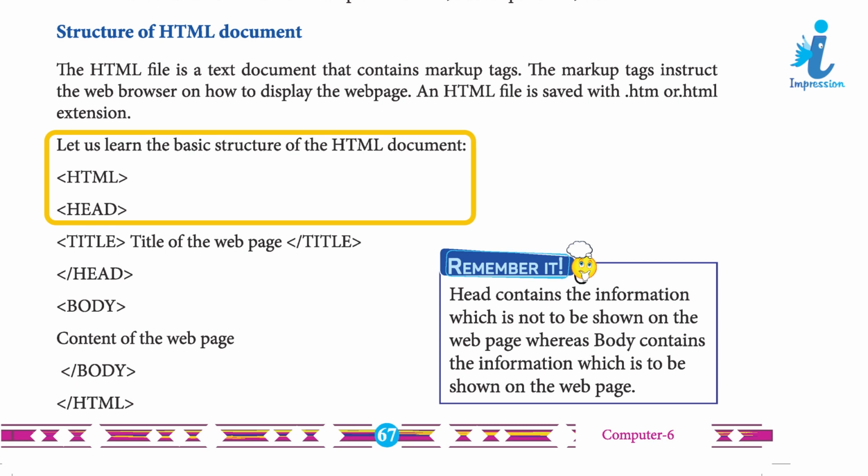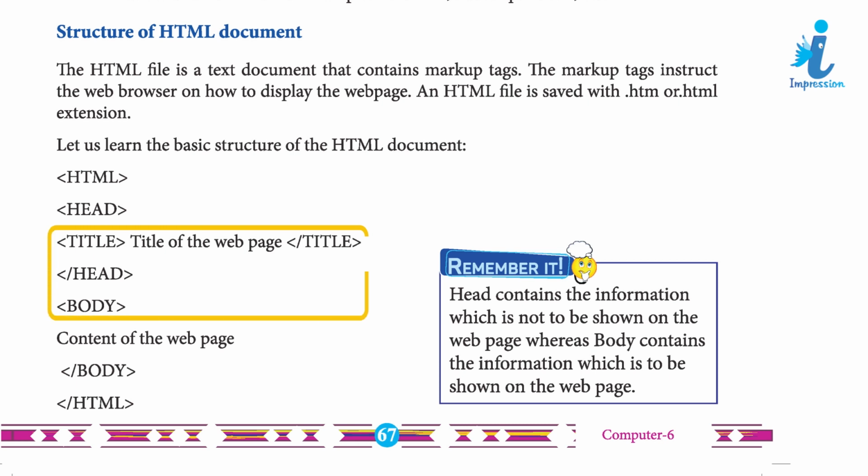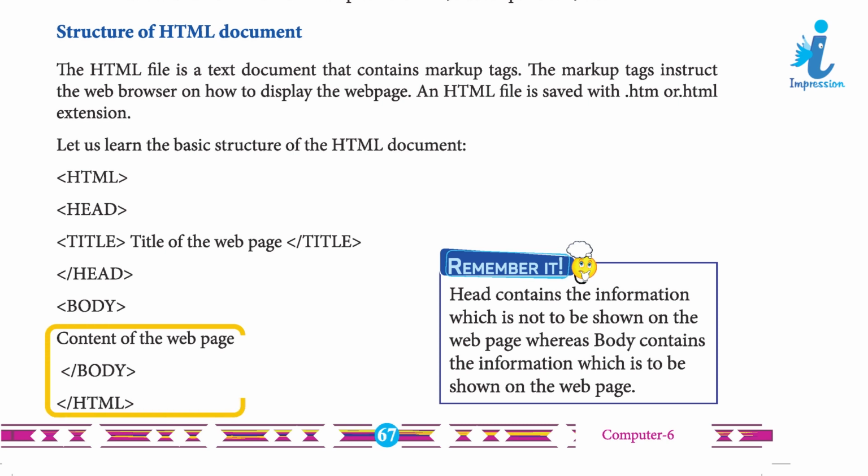HTML, head, title, title of the web page, title, head, body, content of the web page, body, HTML. Remember it. Head contains the information which is not to be shown on the web page, whereas body contains the information which is to be shown on the web page.